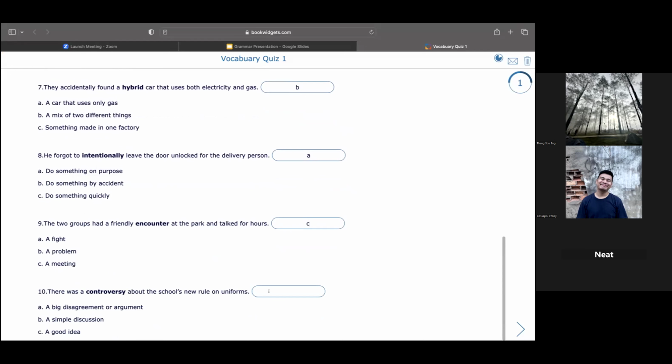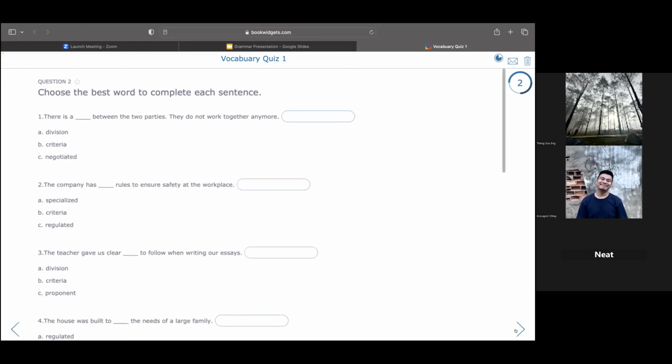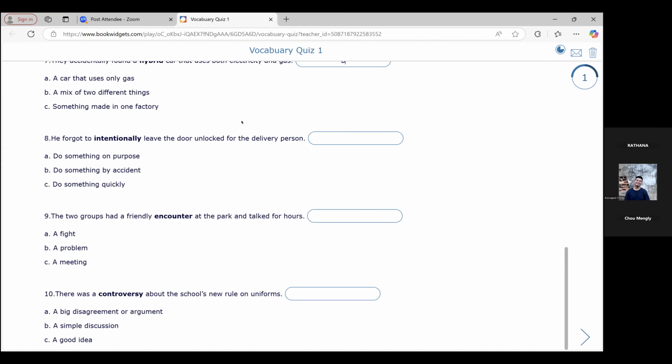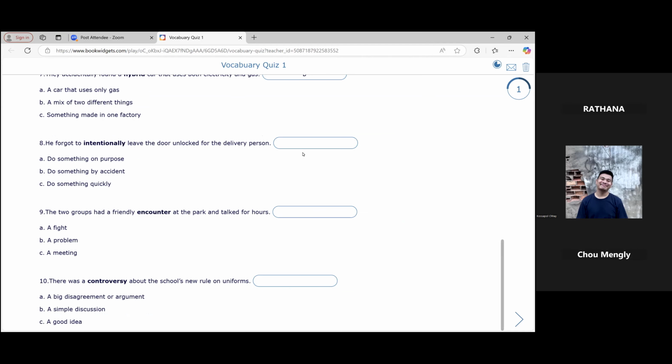There was a controversy about the school's new rule on uniform, which is C, right? Agree A. Yes. Then let's come to it. Intentionally means deliberately.